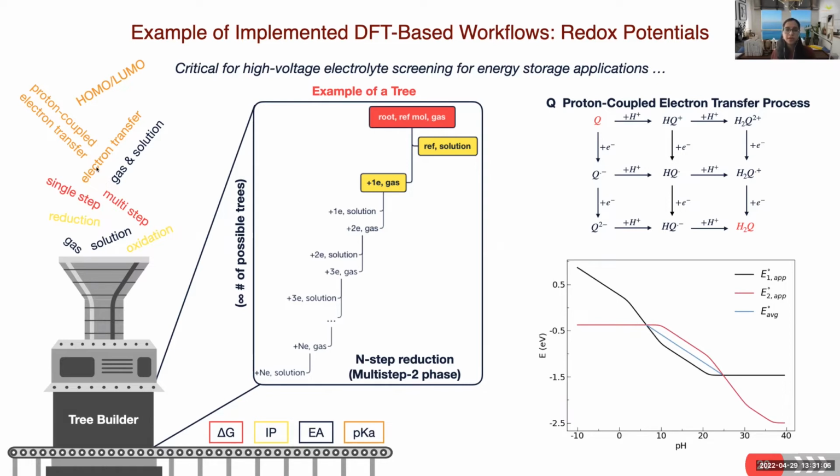Another situation arises when you have a proton donor present in the solution. If we have, let's say, aqueous electrolytes, then we have to take care of the complete thermochemical cycle, which involves a proton-coupled electron transfer process.